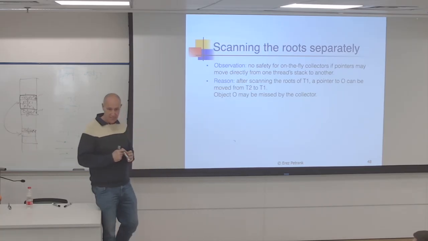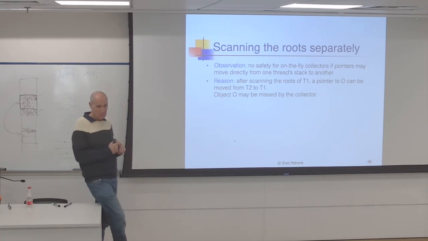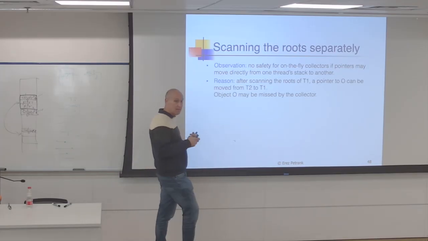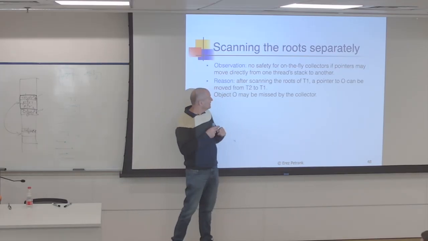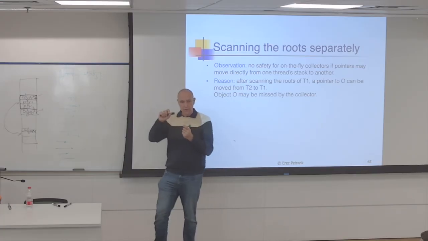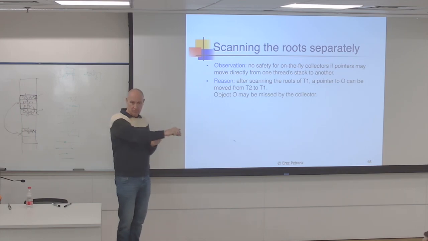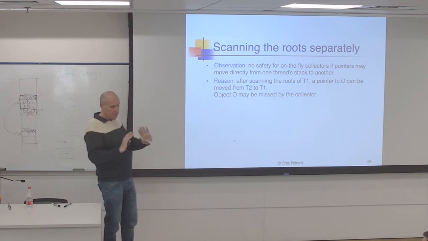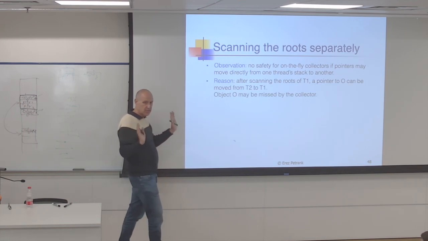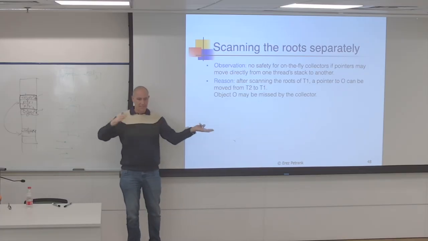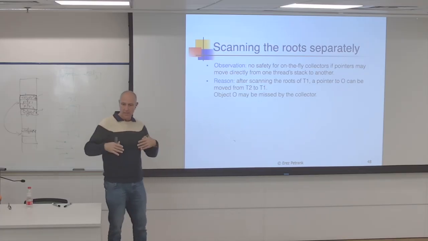in C or C++, I could not do this, okay? Generally, I could not do this because if anyone can move stuff from one root of one thread to another root of another thread, then this cannot work. You can just think that each one is scanning its roots at a different time.